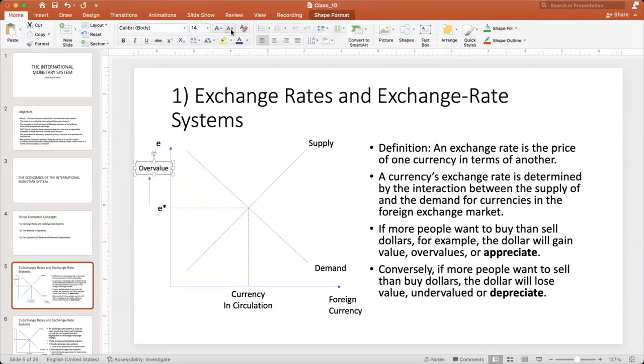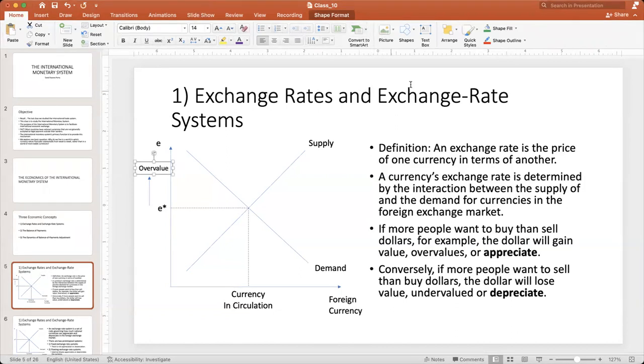Again, when the dollar appreciates, it is because $1 could buy more foreign currency. Conversely, if more people want to sell than buy dollars, the dollar will lose value. It could be undervalued or depreciate.